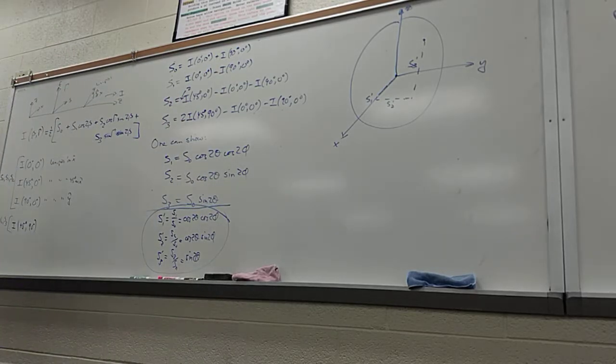And remember, we said that the Poincare sphere represents polarization states, right? So every point on the surface of the sphere represents a unique polarization state. But notice we did that when we were talking about monochromatic plane wave light, namely fully polarized light.